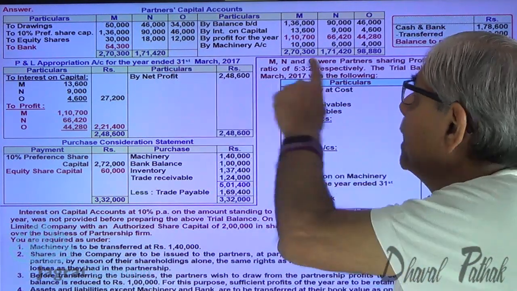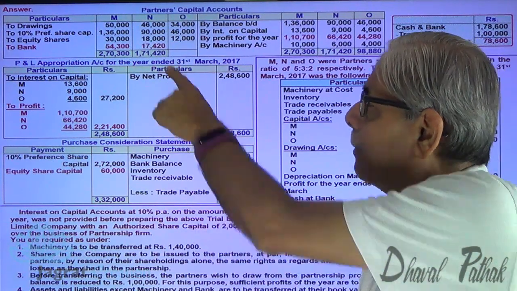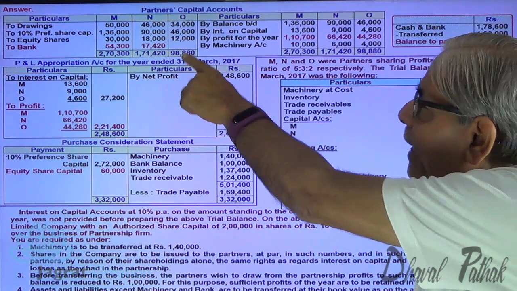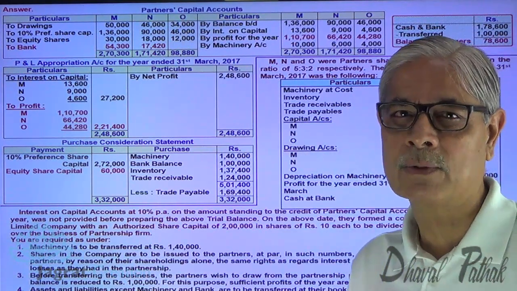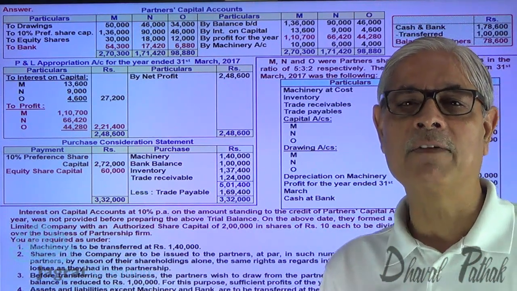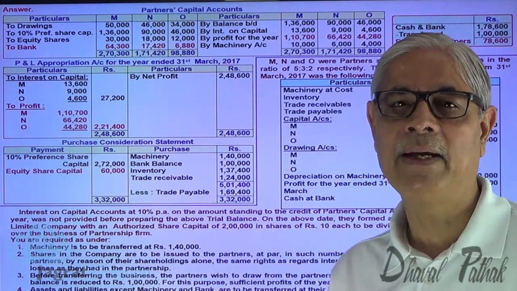Similarly, 1,71,420 minus 46,000, 90,000 and 18,000. This is the amount required to be paid to N. In the same way, 98,880 minus 34,000, 46,000 and 12,000, so 6,880 cash is required to be paid to the third partner. So this is the payment to be made in cash.